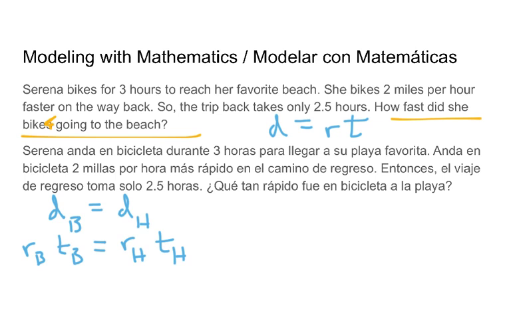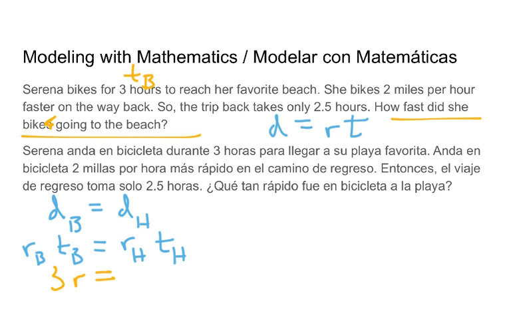So I substitute in the following. 3 hours to the beach, that's time to the beach. And as I go through here, I'm not going to use the subscripts anymore because now we're including the values, and instead I'll just use that r value. So that's the left-hand side.